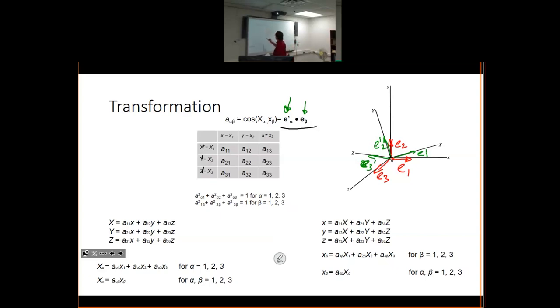So if they are components of the unit vector, then squares of each row and squares of each column must be 1.